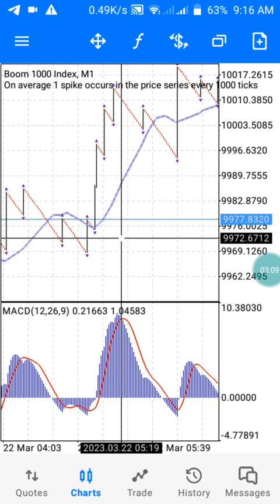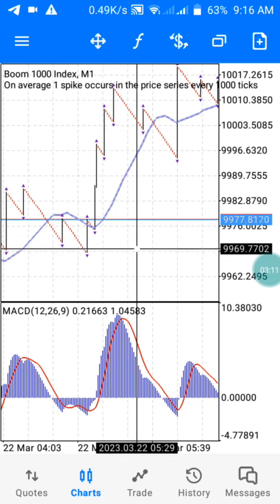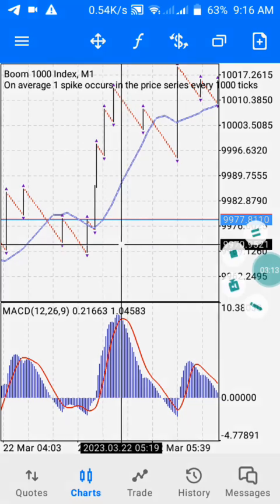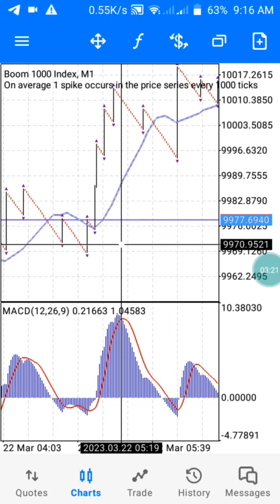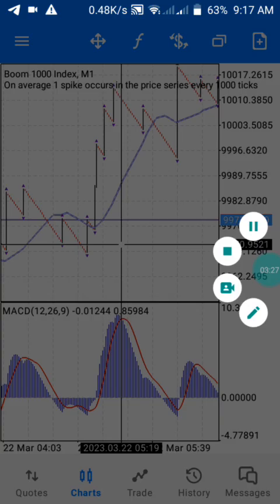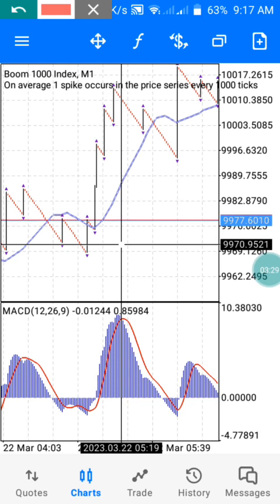Let me explain to you how this will really help you. What you are going to be looking for every time for you to trade is this particular zone. For you to take a sell entry, what you are looking for is my moving average, which is my red line here.